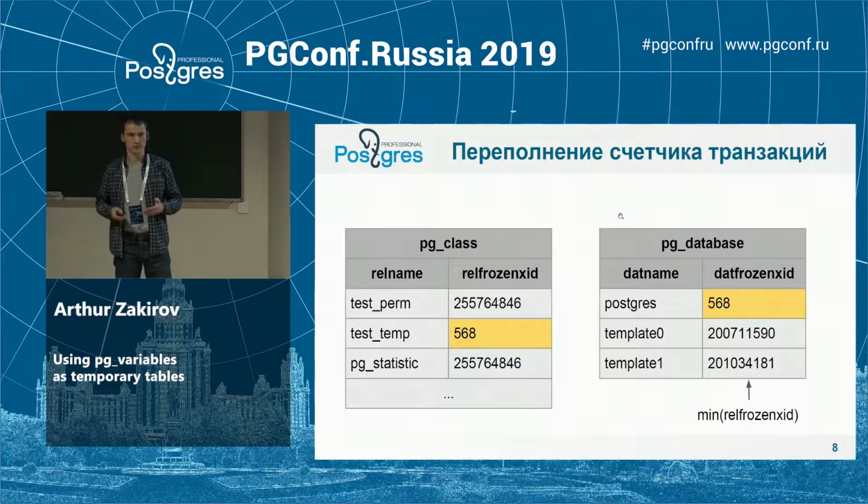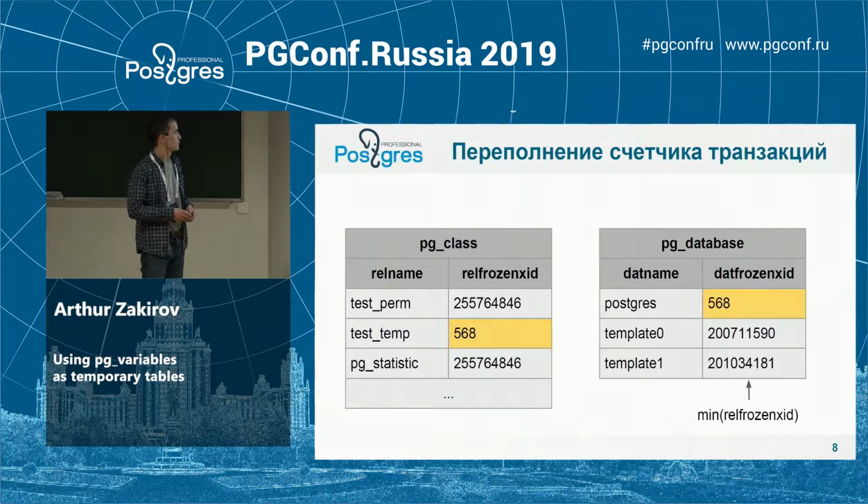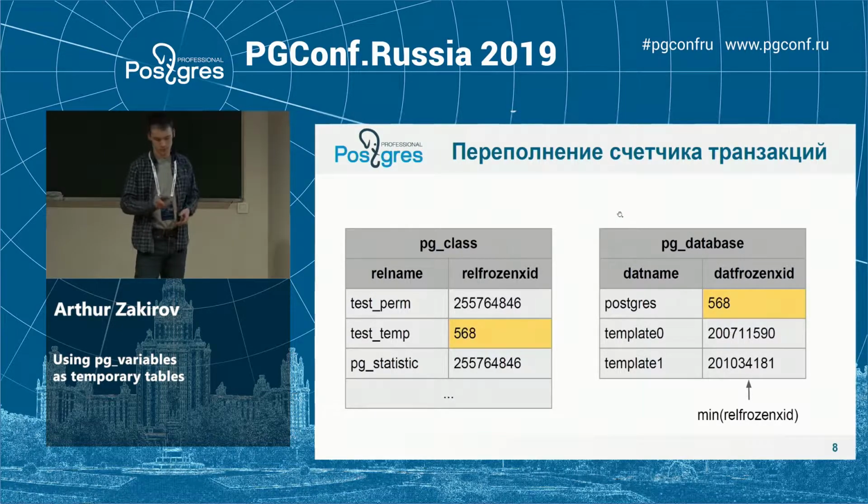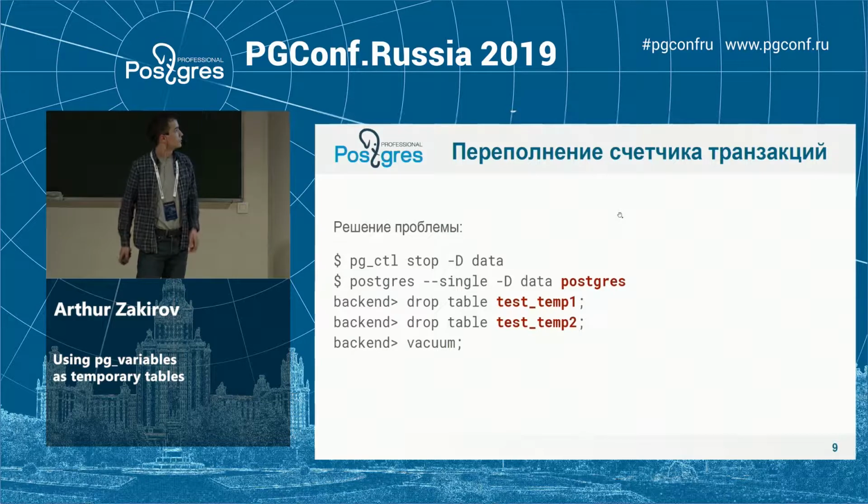For other tables, the frozen xid changes, and the frozen xid is also not replaced for databases. It is due to frozen xid. It is the minimum across all tables, also including temporary tables.